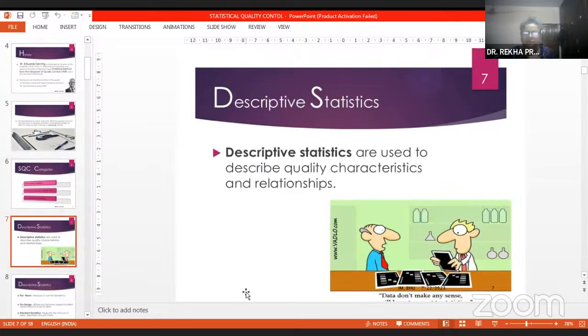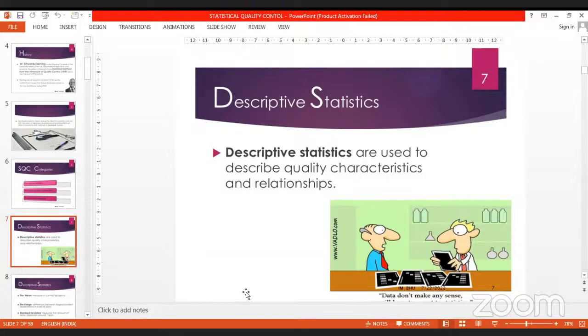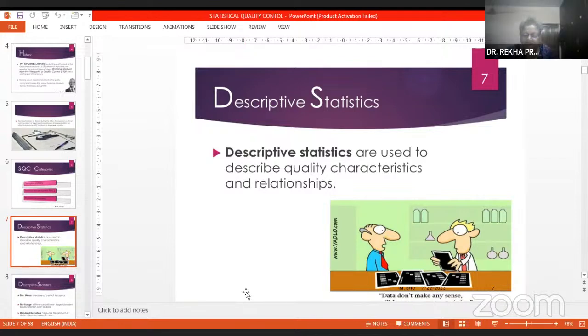Now, what is descriptive statistics? Statistics which describe a group. What is its mean? What is its standard deviation? Descriptive statistics are used to describe quality characteristics and relationships. Because when we compare two things, even if the mean is the same, it does not mean that both populations or samples are the same.